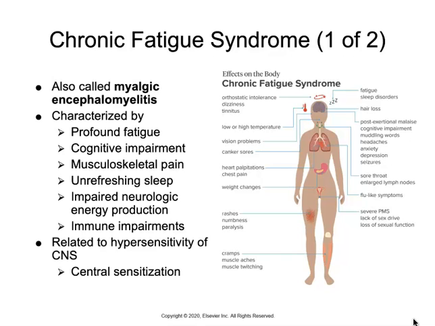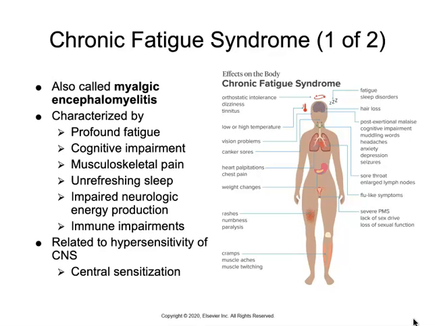What this means is that we have an amplified central nervous system processing of pain and sensory signals. So in this type of disorder, the brain and spinal cord become overly sensitive, meaning that normal stimuli can cause exaggerated pain, and even non-painful stimuli can be perceived as painful.